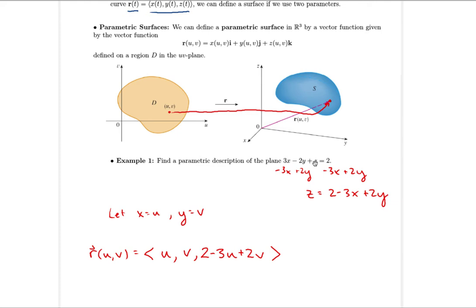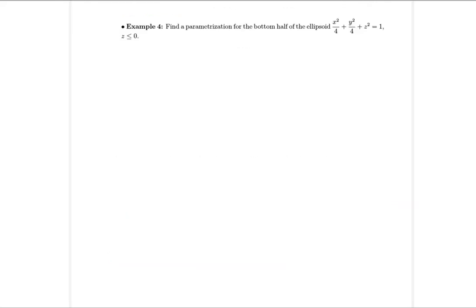So if you feel like you can do that, then that's always a fair way to do it. So in this instance, because I'm only looking for the bottom half, I can isolate z. So I'm going to do that.